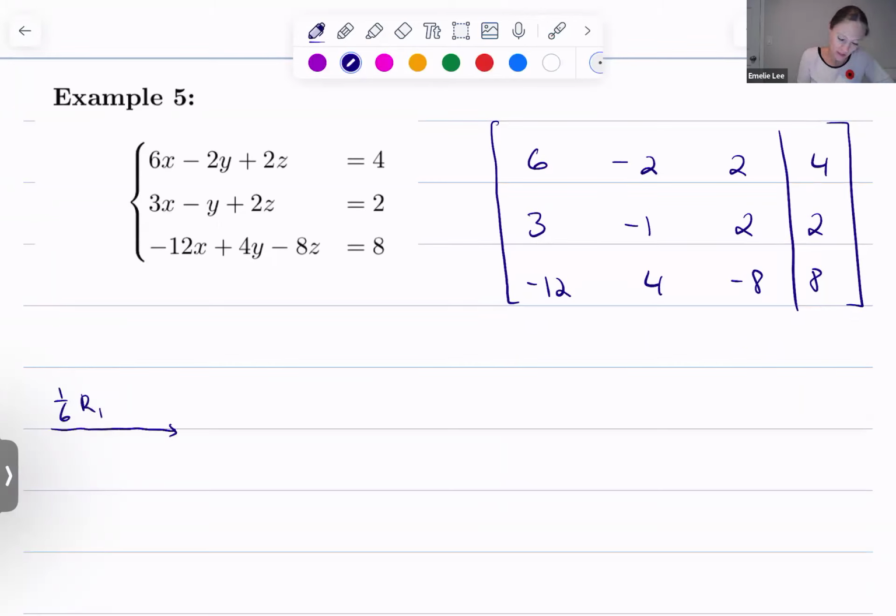1/6 times row 1. All the other rows can stay the same. I guess I'm staring down the barrel of -2/6, but you know what? We can handle fractions. Let's do it anyways. Is there a sneaky way around it that you can see?